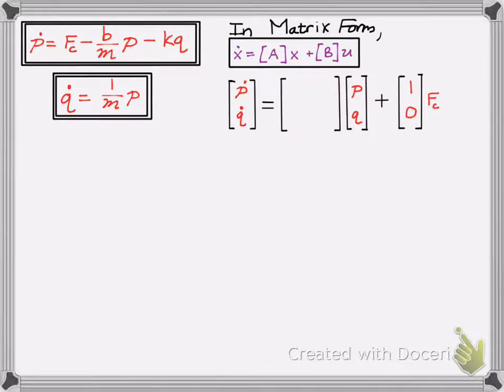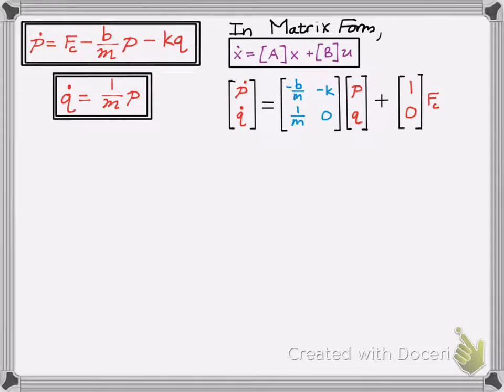And there's not an effort input in Q dot, so it's just 0. And now we move on to the coefficients again, so we just said it's negative B over M. And then, is there a Q in the P dot equation? Yes, and that coefficient is negative K. And then now let's look at Q dot, which is simply 1 over M times P. Is there P in there?